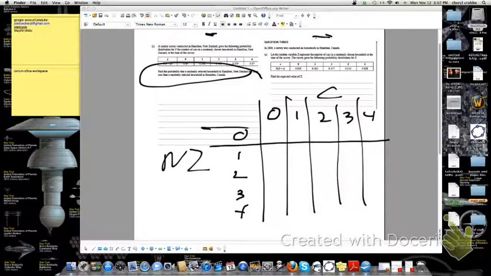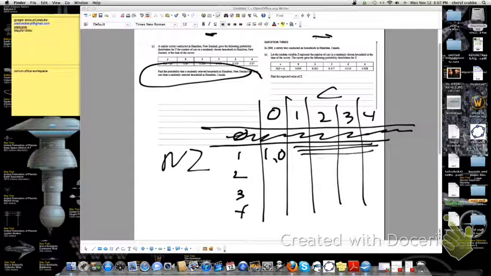So we can't really use where New Zealand has 0 cars, because there's not going to be anything there that works. And the only time that New Zealand will have more cars than Canada is in this combination here, where there's 1 New Zealand car and 0 Canadian cars.